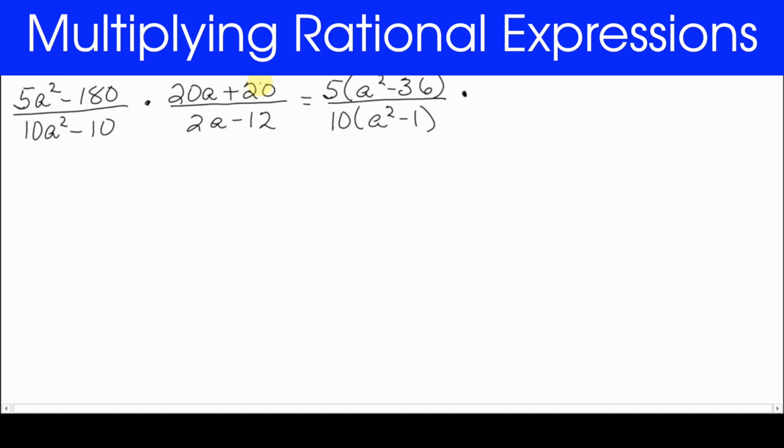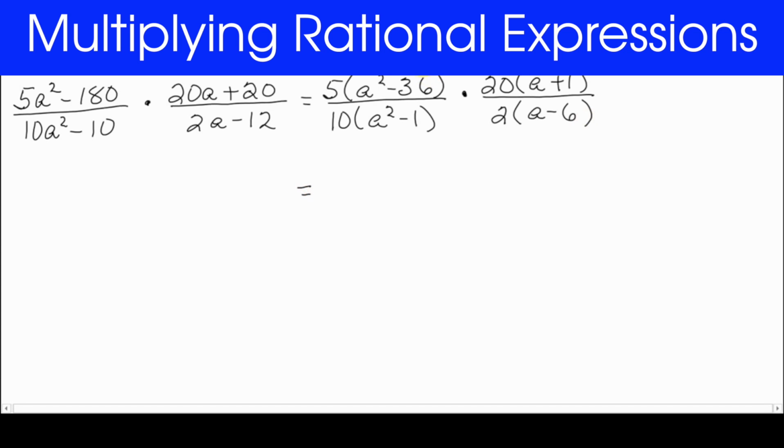Times this numerator, 20a plus 20, I can factor out a GCF of 20, and we're left with a plus 1. And then in the denominator, 2a minus 12, we'll factor out a GCF of 2, and we're left with a minus 6.